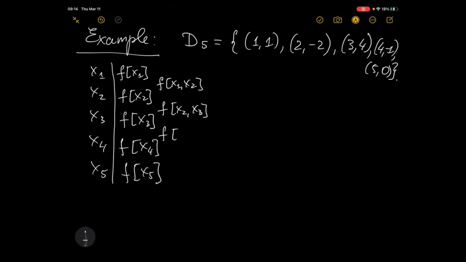So this is 0th order. Here is x3, x4, and here is x4, x5. Okay, so then we go further. This is first order.